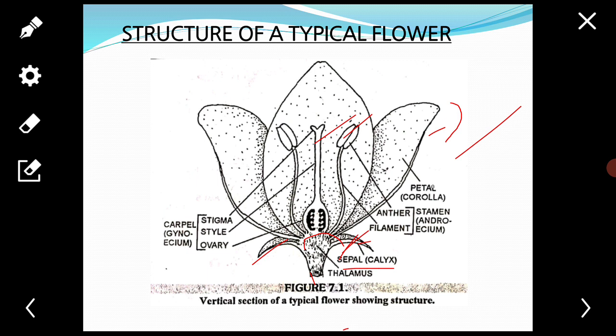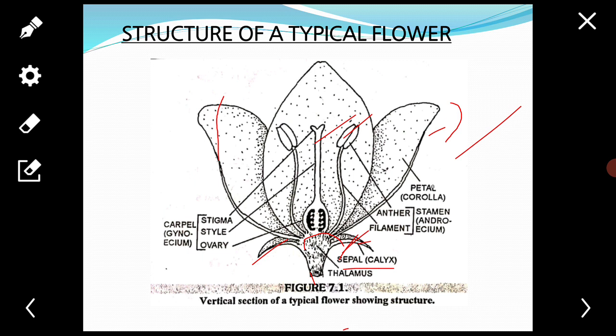Next whorl, that is the corolla. The corolla is the second whorl of floral leaves that arise inner to the calyx. The individual leaf of corolla is called petal.